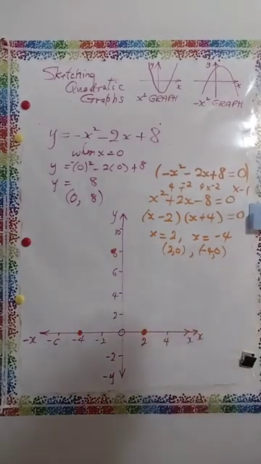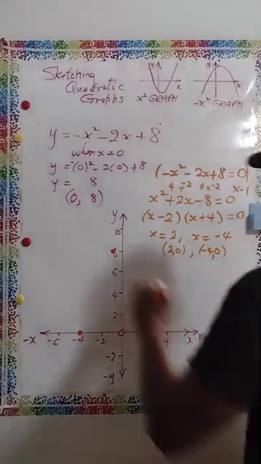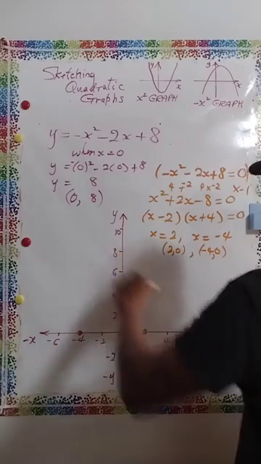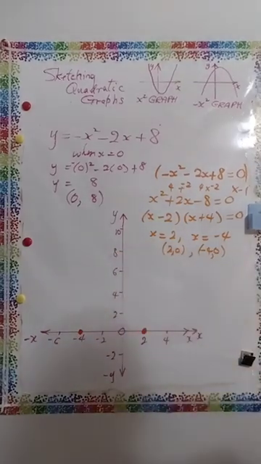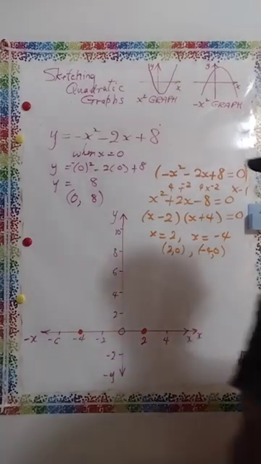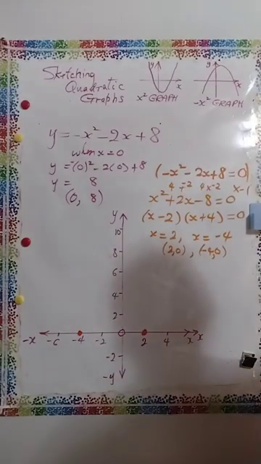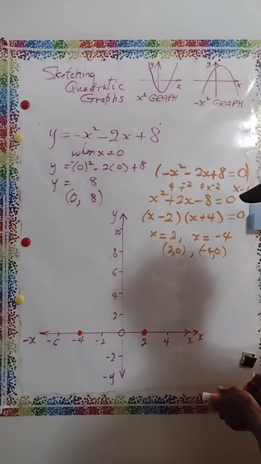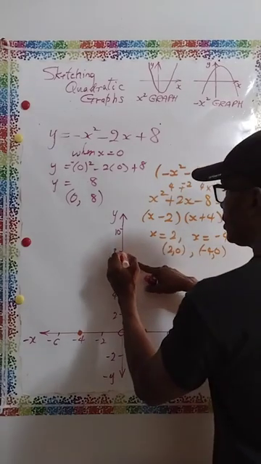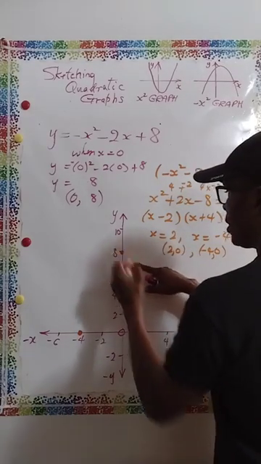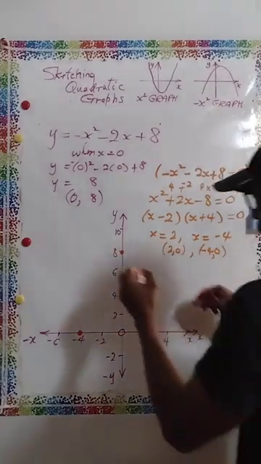From there, 0 and 8. Right? Let's take our time and go through this process. And x is 0. Okay, and we get 0 and 8. This graph is going to come through here. We're going to have something looking like this here.